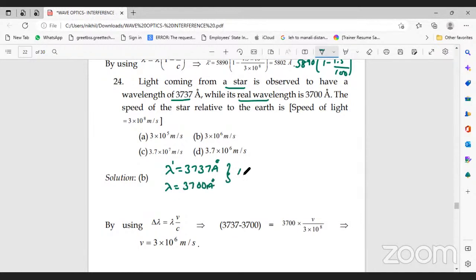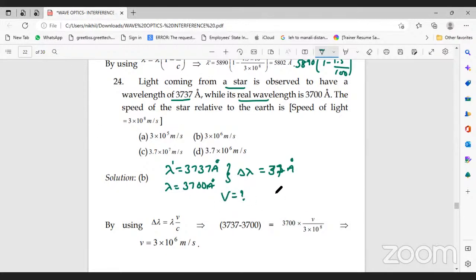So what is the change in wavelength actually then? That is 37 angstrom, right? Yes, sir. Okay.